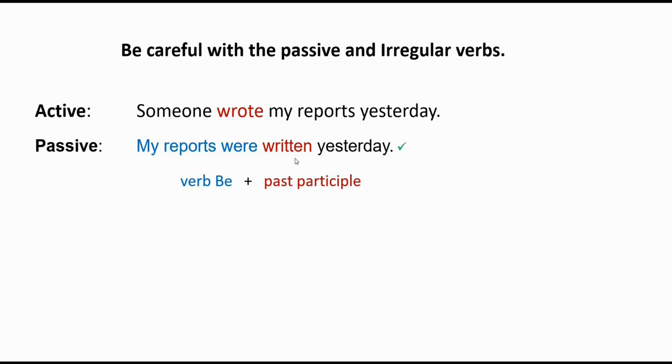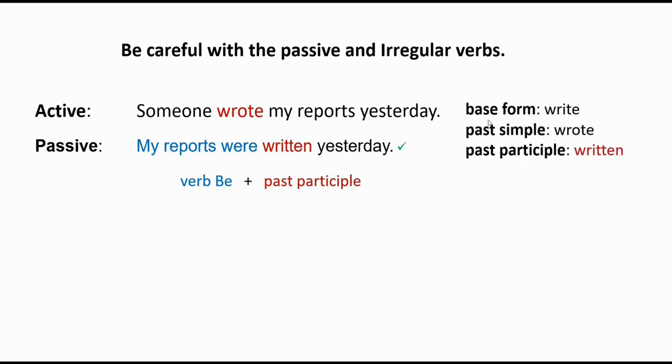So this is an example of an irregular verb. Base form, write. Past simple form is wrote, which you see here in the active voice. But the passive uses the past participle and it is written.